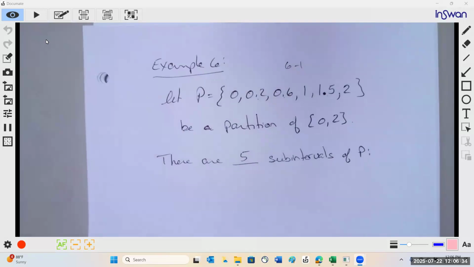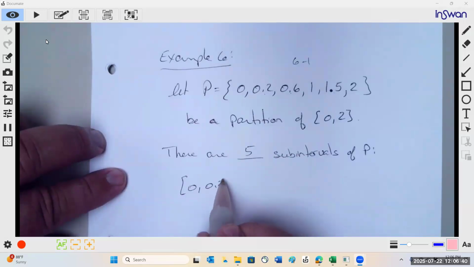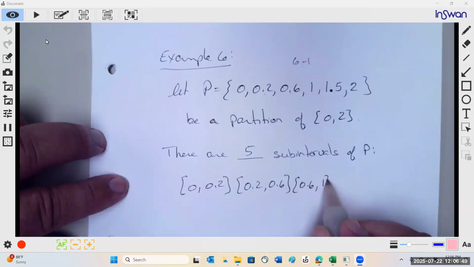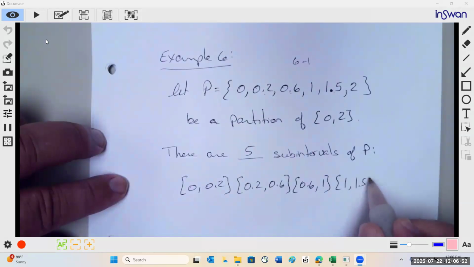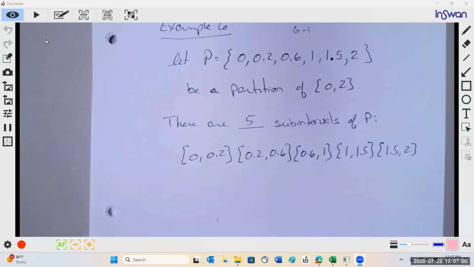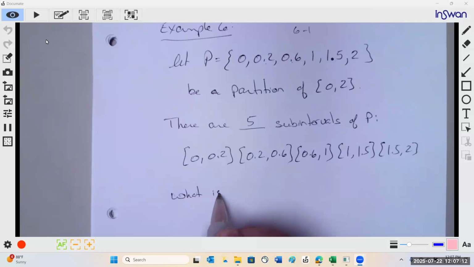Yes. The reason being is because the first subinterval is from 0 to 0.2, and then from 0.2 to 0.6, and then 0.6 to 1, from 1 to 1.5, and then from 1.5 to 2. 1, 2, 3, 4, 5.